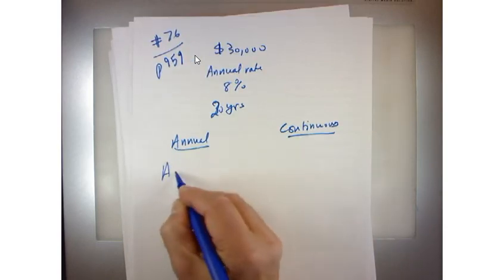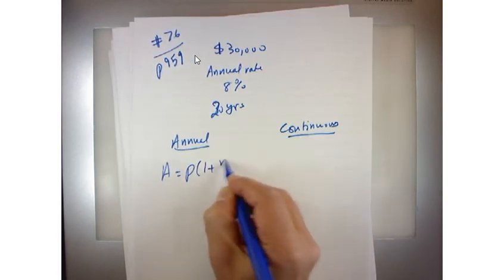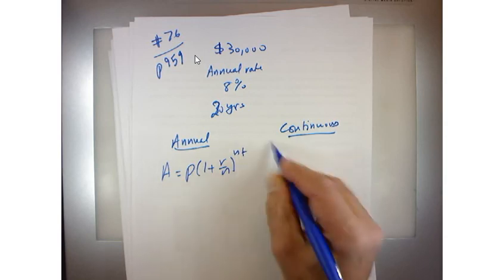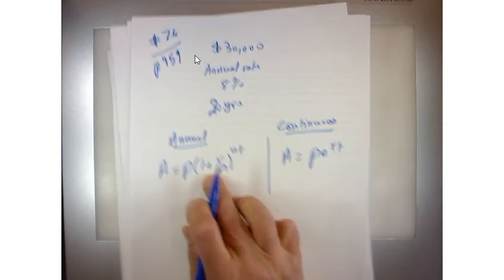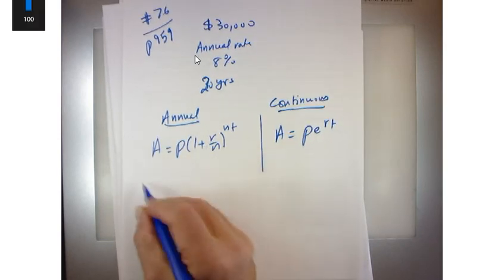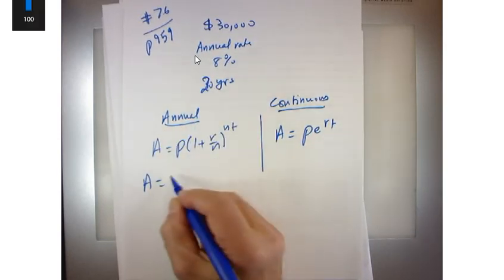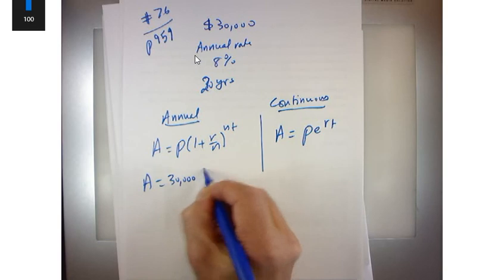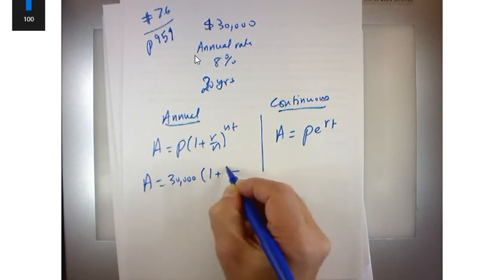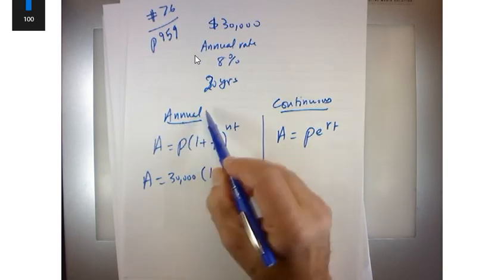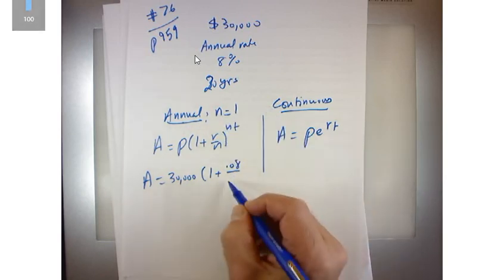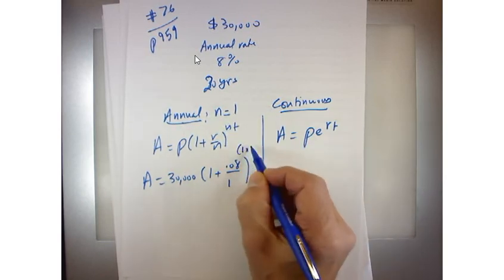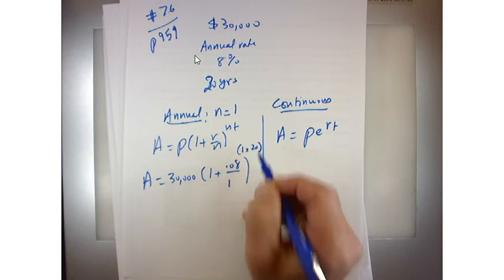So for annual, we use the first formula in the handout. For continuous, Pe^(rt) is only good for continuous. This is good for any other compounding. Okay. So the principal is 30,000. The rate is 0.08. If it's annual, that means n is 1 because they compound the interest 1 time a year. And then 1 times how many years? 20 years.